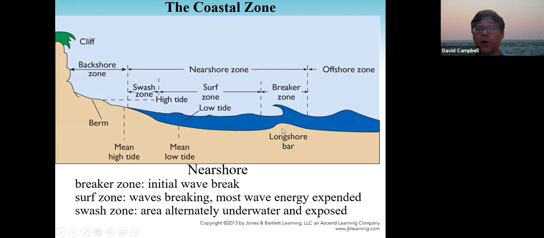Sometimes there is an underwater ridge, a bar there, as in this picture, but not always. Then we have the surf zone, where the waves continue to break and release their energy into other forms, including the sound that you hear and moving sand around, all that sort of stuff. And then again, the swash zone. This is the area that as waves go in and out, the part that's alternating between underwater and exposed.